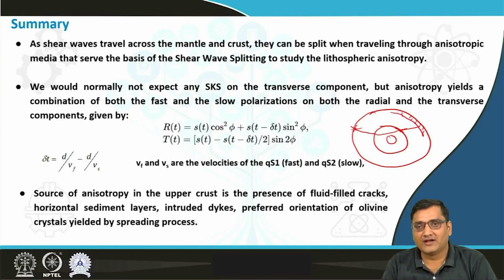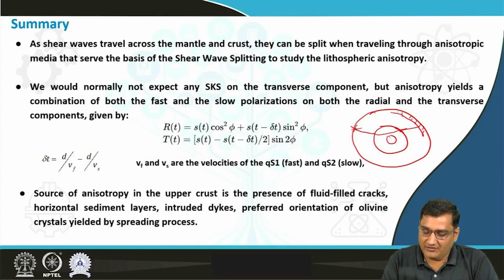we are going to study the delay between both of the waves, and also see what kind of polarization angle it has. Using both of them, we can do shear wave splitting measurements.